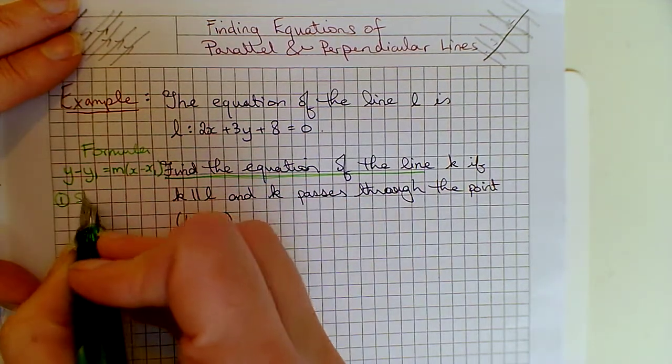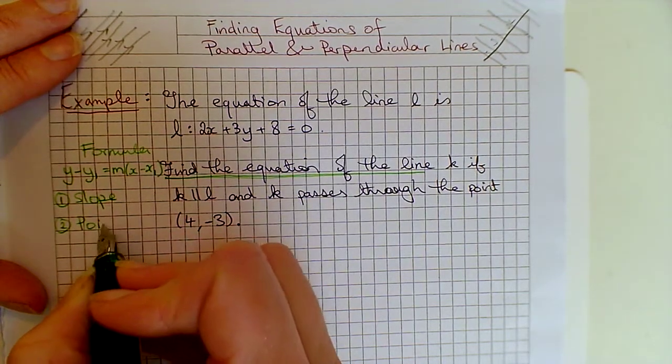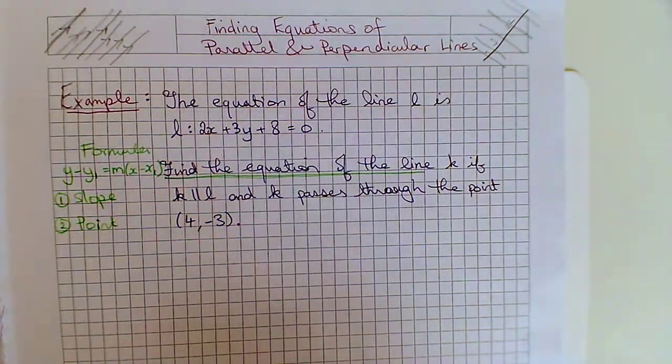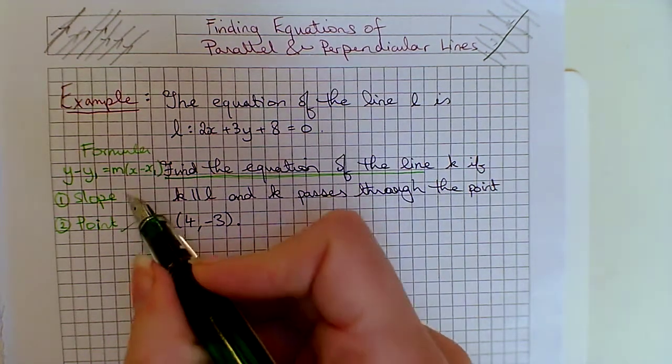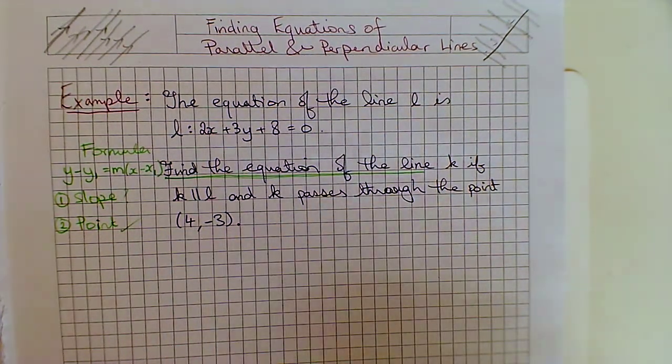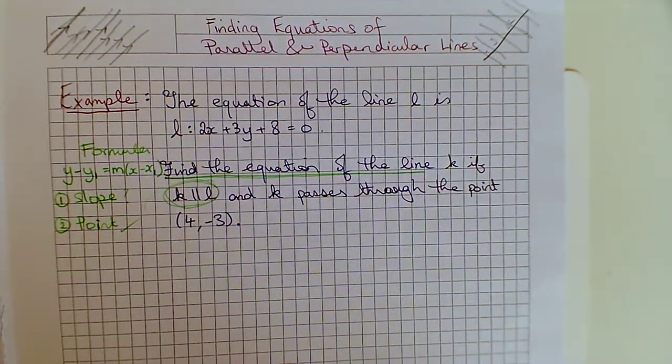It needs a slope and it needs a point. So the question must have given me a point, which it has, or given me a way to find a point, and the question must have given me the slope or a way to find the slope. And how have they given me a way to find the slope? By telling me that my new line is parallel to the first one.